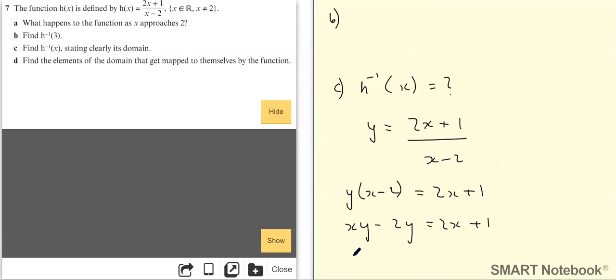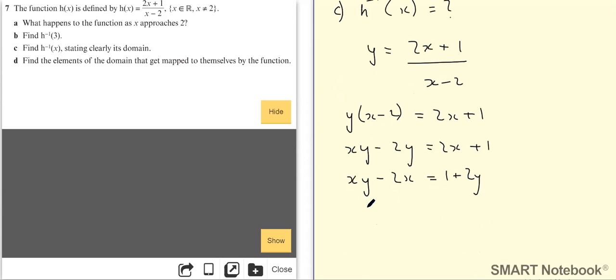And if I want to make x the subject, I'm going to collect all the x's on the left-hand side. Doesn't really matter which side. And now I can make x the subject by factorizing.